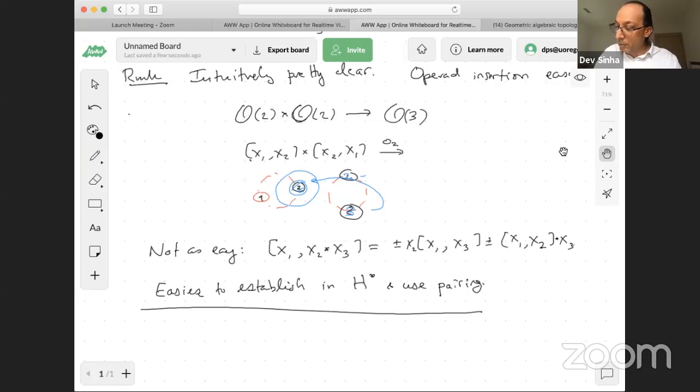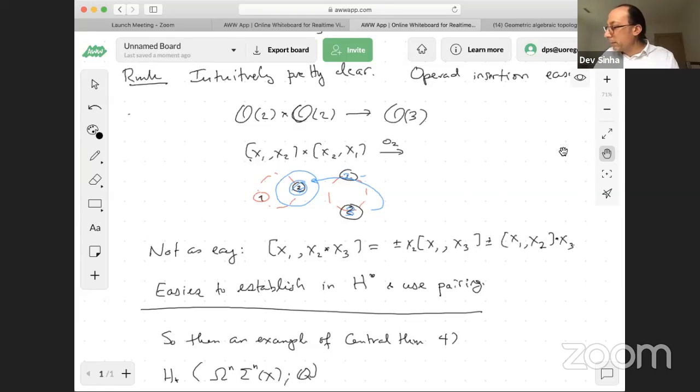So let me give an example of the fourth statement then. An example of the central theorem, part 4, is that the homology of loops in sigma n x with rational coefficients is isomorphic to the free graded Poisson algebra on the reduced homology of X. And let me make that clear that this tells you everything.